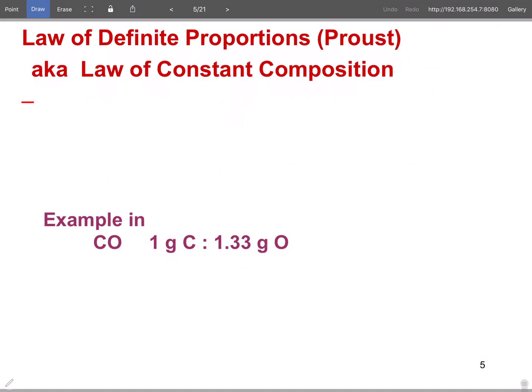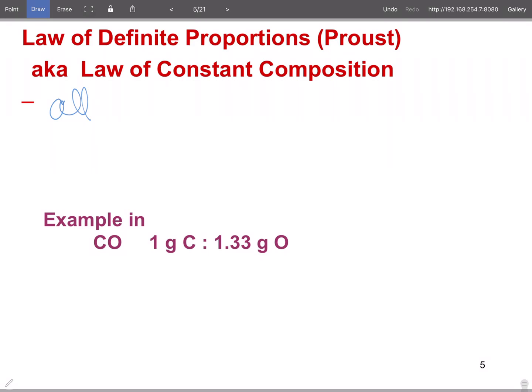All right. The other concept that's really important when we start talking about compounds is that elements can combine in different ratios. So each particular compound has to have the same composition. This is the law of constant composition.